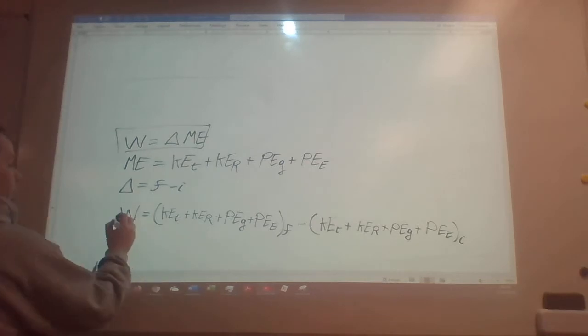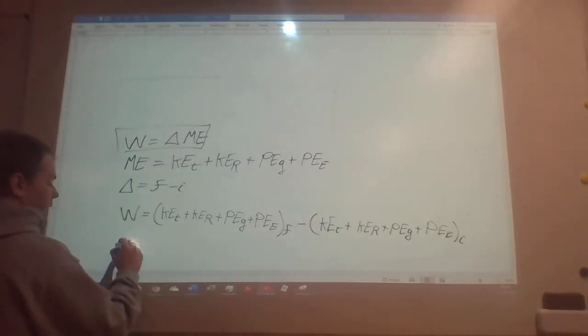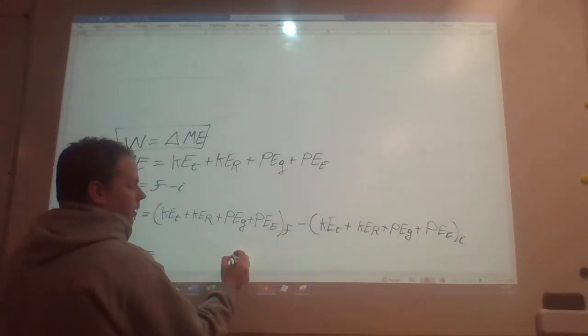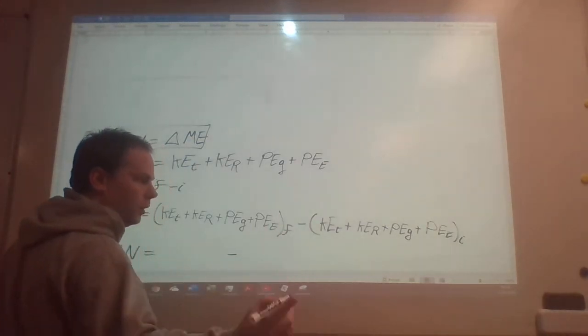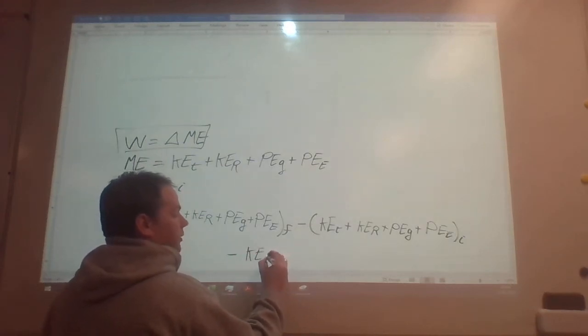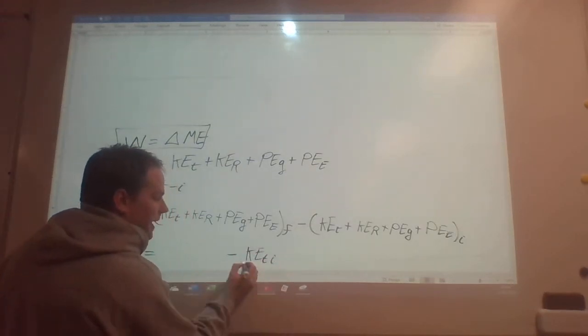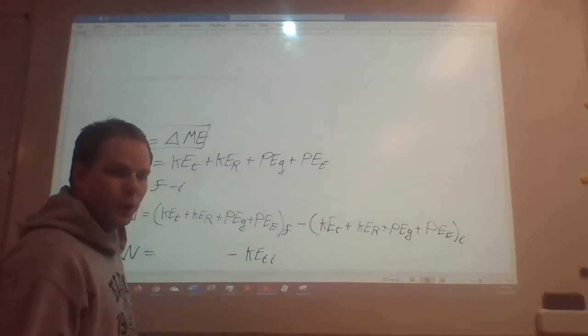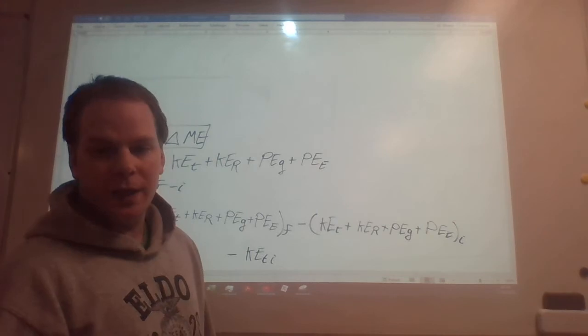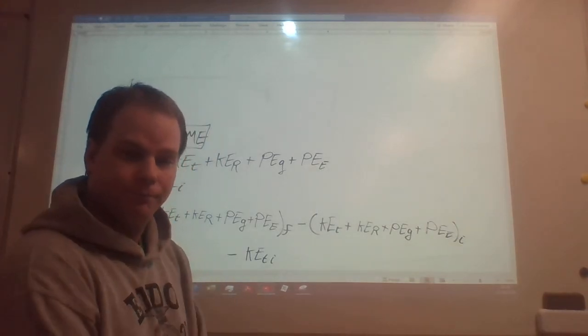And so for our work energy theorem, we would say that the work is equal to the final minus the initial. Well, all it had initially was translational kinetic energy. So that would be our only initial value. What did it have at the end? What kind of energy did it have after it stopped?